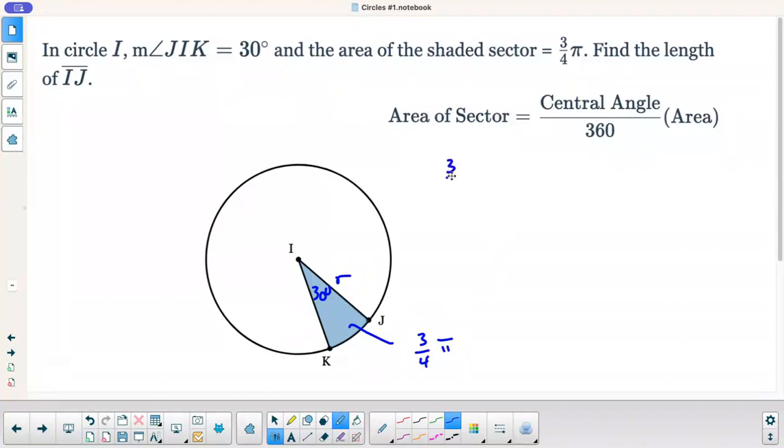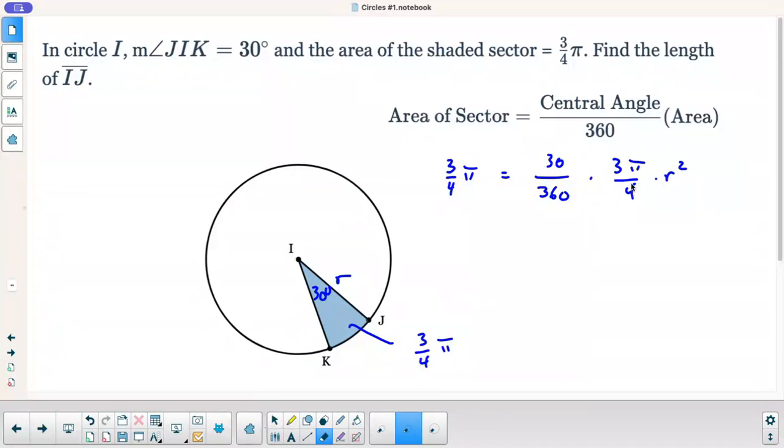So this is 3 over 4 pi equals 30 over 360 times pi times radius squared. Whoops, sorry, it's pi times radius squared. All right, pi times radius squared.